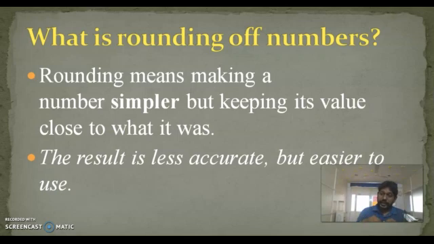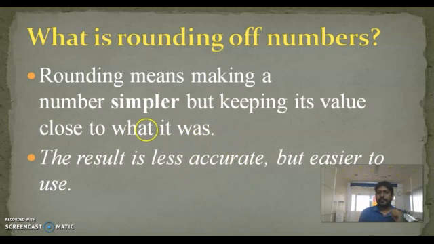But can I get 10 buffaloes now? No, absolutely not, because I have only 7 buffaloes. So nearest means 10. The result is less accurate, meaning not correct, but easier to use. We can use it: the farmer has 10 buffaloes minus 3, meaning 7 buffaloes. So you can remember it like that.